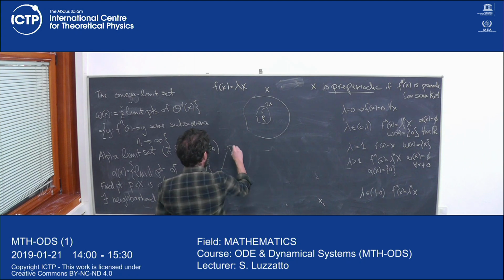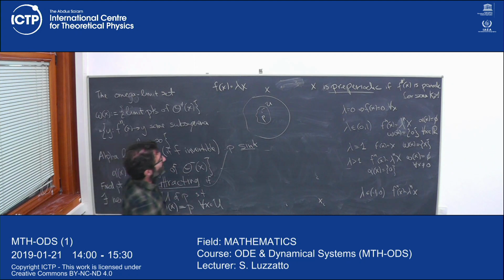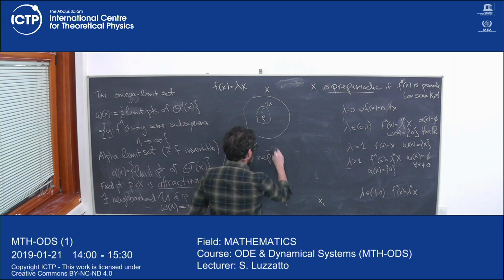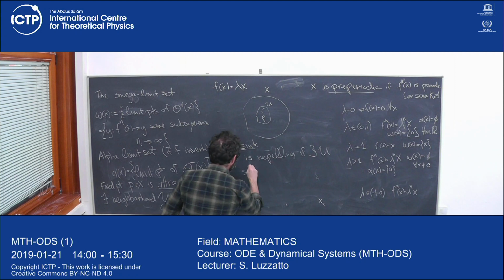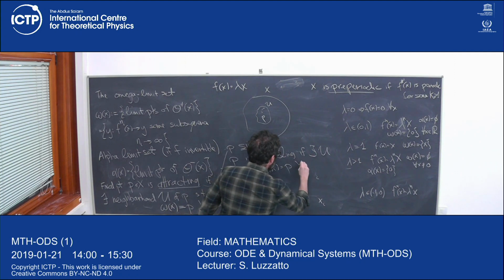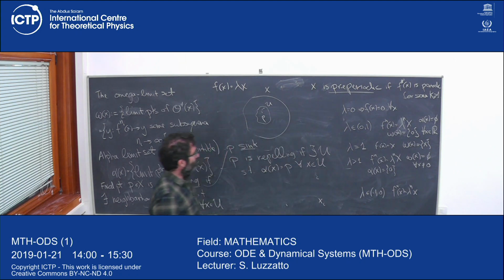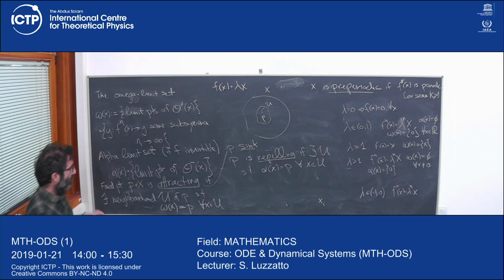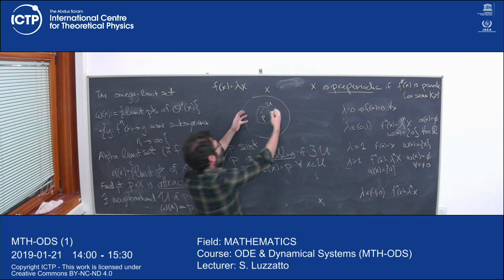Sometimes we say that P is a sink because things sink into this. Okay? And similarly, P is repelling if there exists U such that alpha of X equals P for all X in U. So there are some fixed points that are attracting in this way, where the points nearby converge in forward time.